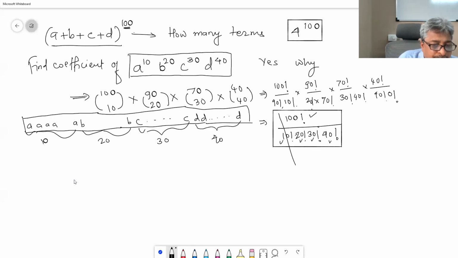Let us write down the general statement of this result. General: a1 plus a2 plus up to ak, there are k terms inside the bracket, raised to n.